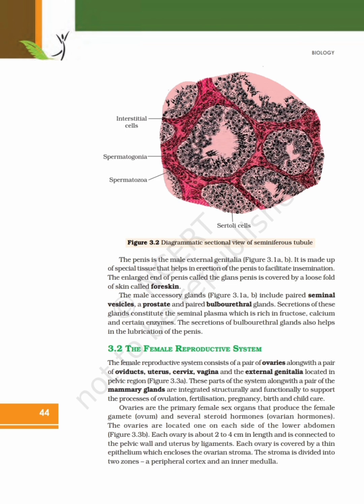These ovaries are located on each side of the lower abdomen, means it's a pair. So on each side of the abdomen, one ovary is present. The length of the ovary is about 2 to 4 centimeter.